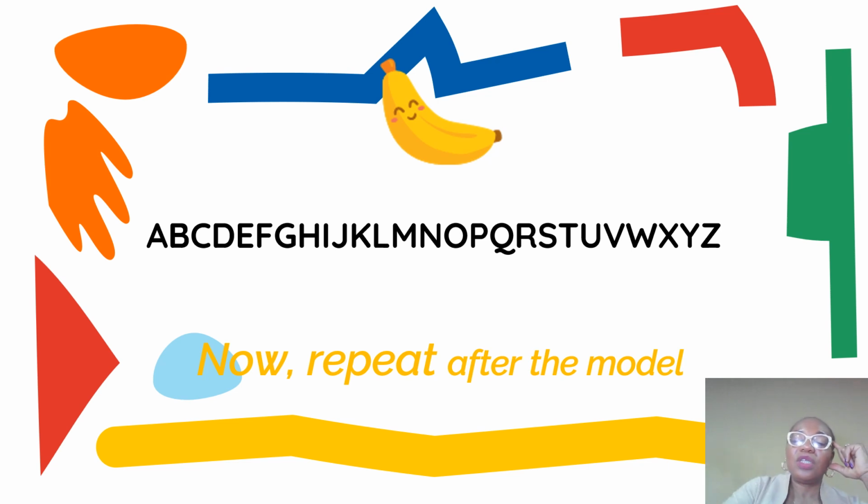Next one is s. You can demonstrate writing it in the air. You can demonstrate like a slippery snake. You can make the sound and the letter. You can draw the letter in the air. All of those help the children to remember the sound. Next one is t, another plosive.